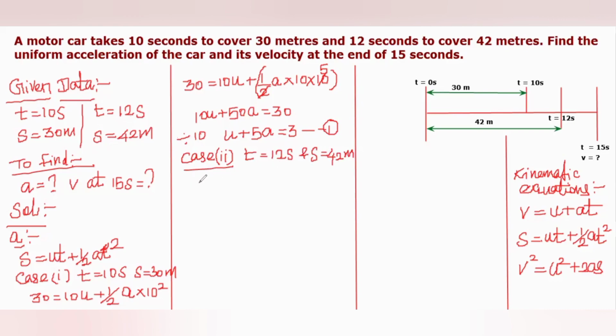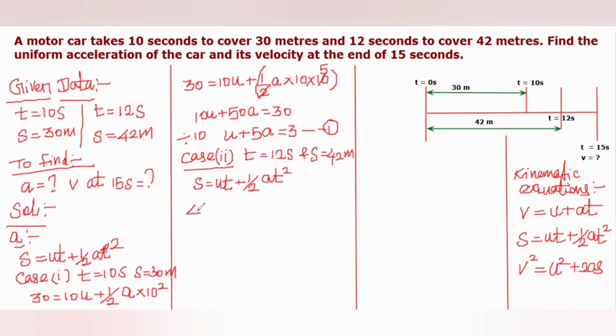Here, same equation, s equal ut plus half at square. I'm going to substitute s equal 42 meters and time equal 12 seconds.